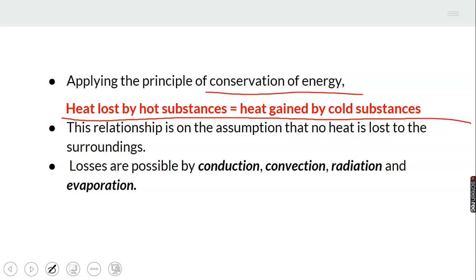It is similar to the methods in which it can be lost during calorimetry experiments. Number one, it can be lost through conduction. It can be lost through convection. It can be lost through radiation. And we added evaporation to it. I believe you know all this before now.